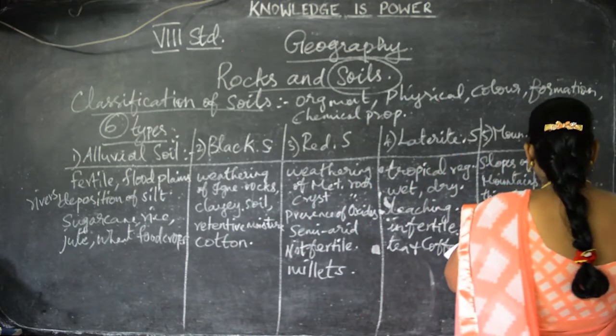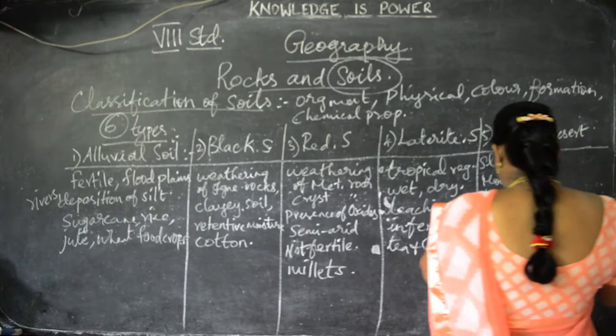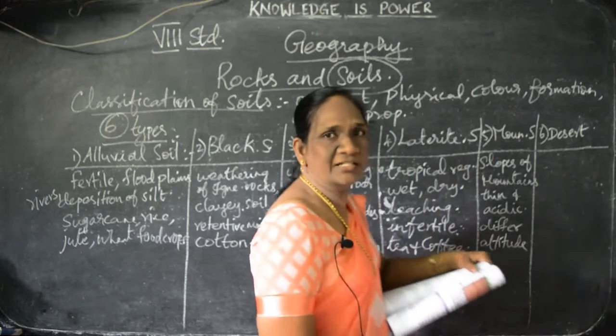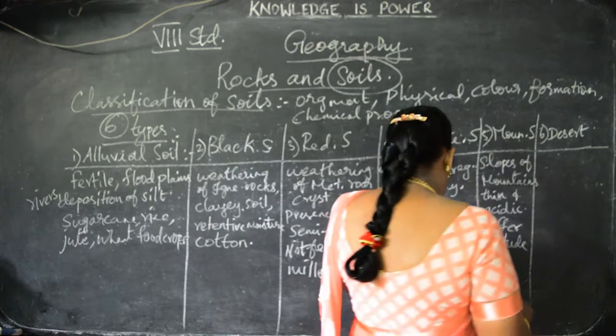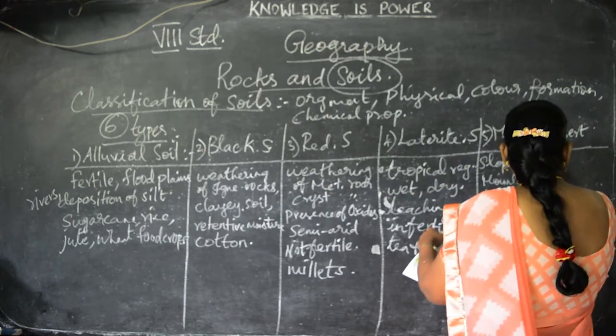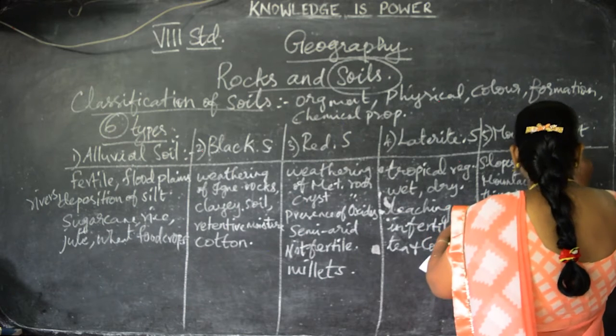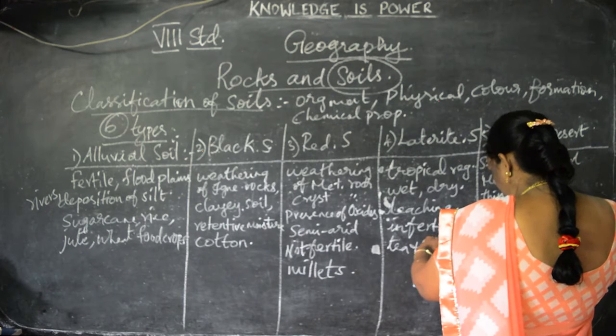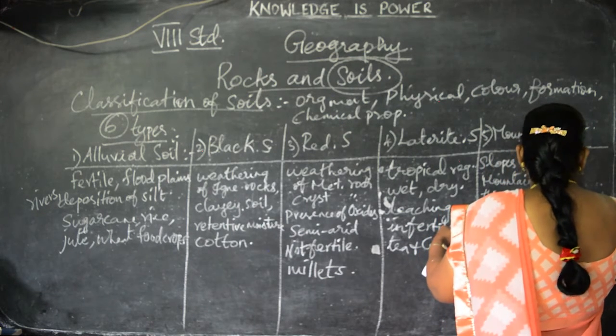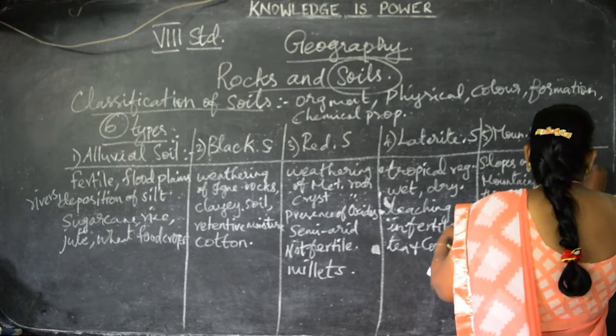And the last soil is desert soil. Where can we see the desert soil, children? In the desert. We can see it in the desert region, and this soil is also very infertile.